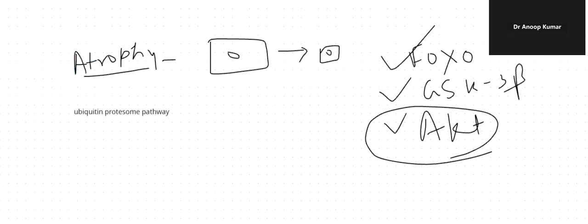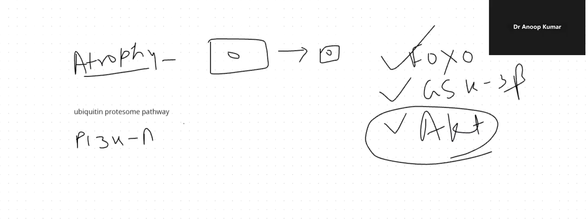So how will atrophy happen? When you are fasting or have nutritional deficiencies, your PI3K AKT signaling pathway is going to be suppressed. We have discussed the PI3K AKT mTOR pathway.